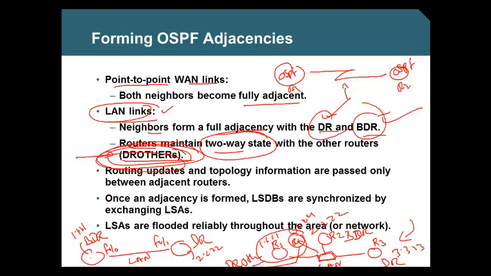But with the designated router, they are going to have full adjacency. So, whenever we have more than two routers in an Ethernet environment, there will be a designated router and backup designated router election.